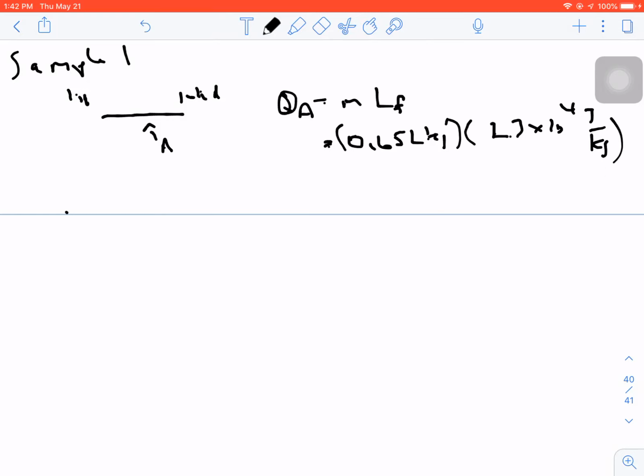I can see that my kilograms and kilograms disappear, and I end up with a number. Okay, so let's do my math. 0.65 times 2.3 times 10 to the power of 4. And I'm getting 1.50 times 10 to the power of 4.